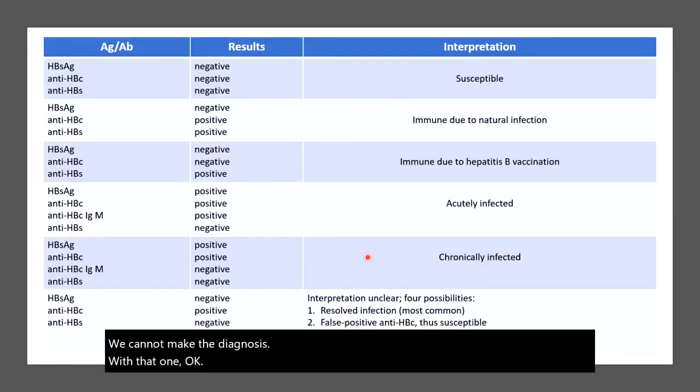When we have an acute infection with hepatitis B, we are going to have IgM positive for core antigen. When we have chronic hepatitis, IgM is going to be negative, and IgG against the core antigen is going to be positive.